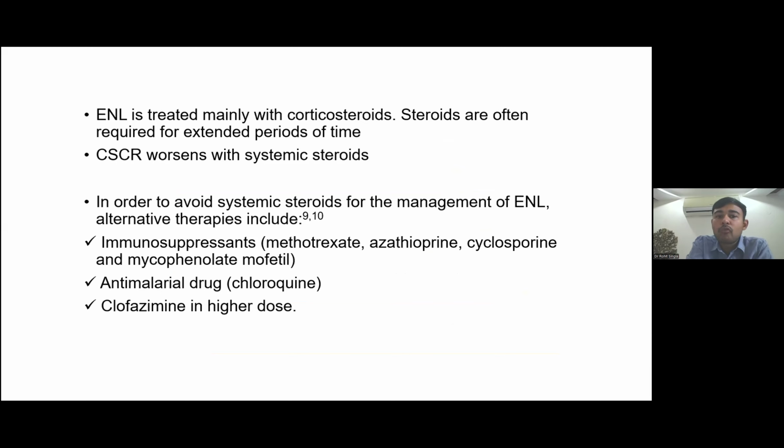In order to avoid systemic steroids for the management of ENL, alternative therapies include immunosuppressants, which are methotrexate, azathioprine, cyclosporin, and mycophenolate mofetil. Then anti-malarial drugs like chloroquine and clofazimine in higher doses, as we chose for this patient.